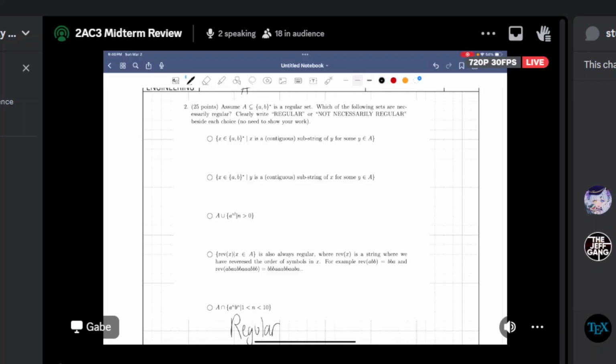But we care particularly about the case where A is the universal set, or A is the set of all A's for some number and then B's for some number. Either of those would result in it just being the right side, which is bad if that was non-regular.